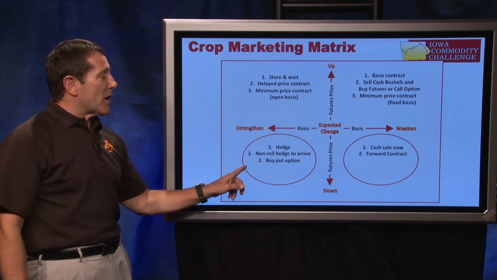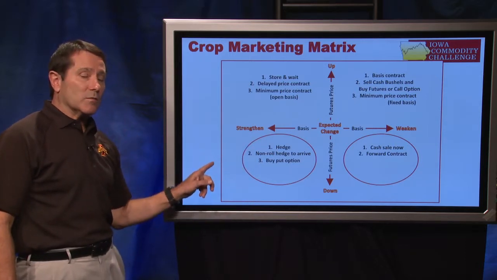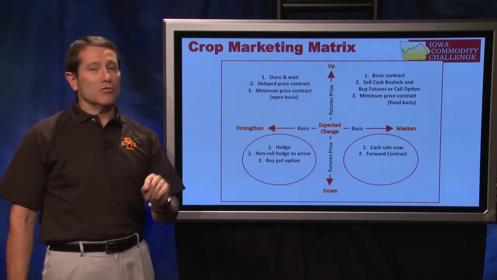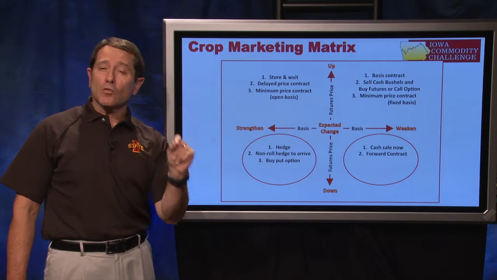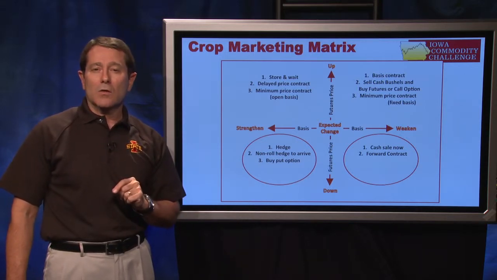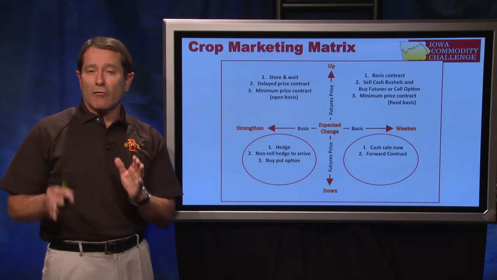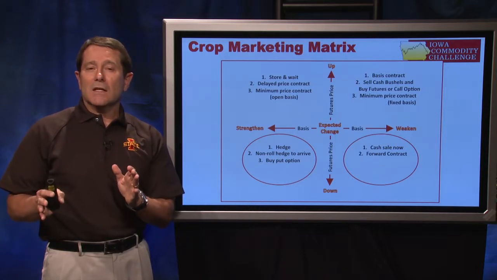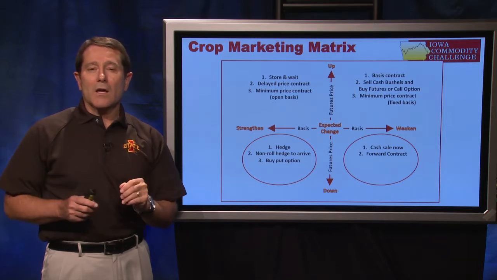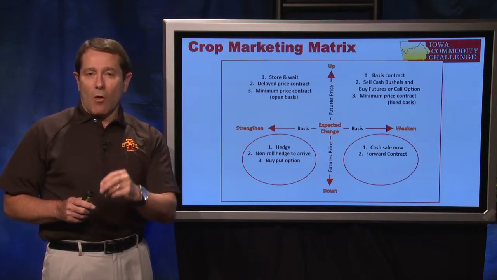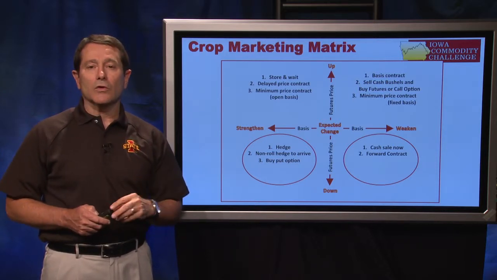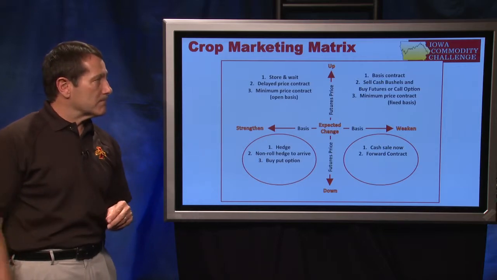But if we expect that the basis will strengthen, become less negative, we're likely using a non-roll hedge to arrive. Non-roll. We're not rolling that contract to a different crop marketing year. We're using that same period of harvest until late August as the period of time whereby we're using forward cash contracts and HTAs for both old and new crop bushels.